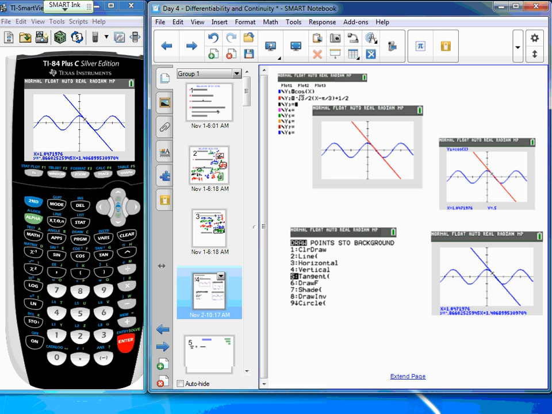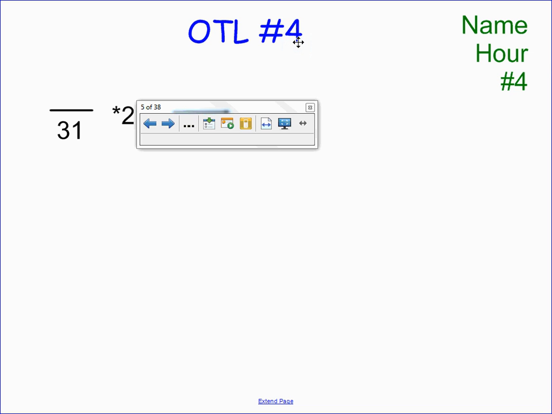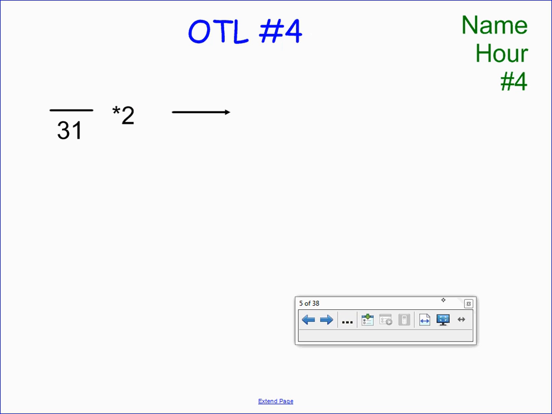All right. So let's go ahead and take a look at our OTL number 4. Good morning. If you'd make sure that your heading is on top, please. Name, 2A, number 4. And let's go ahead and give yourself credit for those you completed out of 31. In pencil, divide, enter, multiply by 2. If you kindly staple your half sheet along with your bookwork because of the graphs on back.